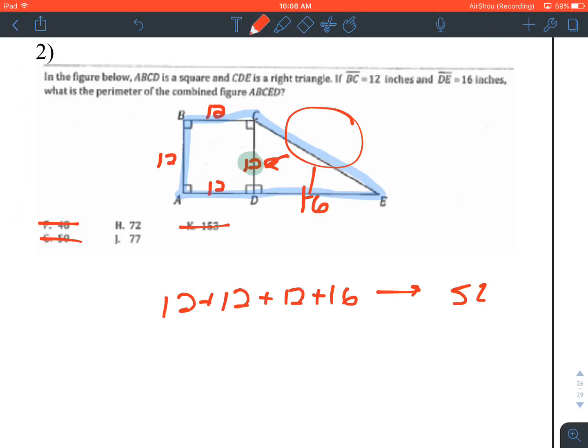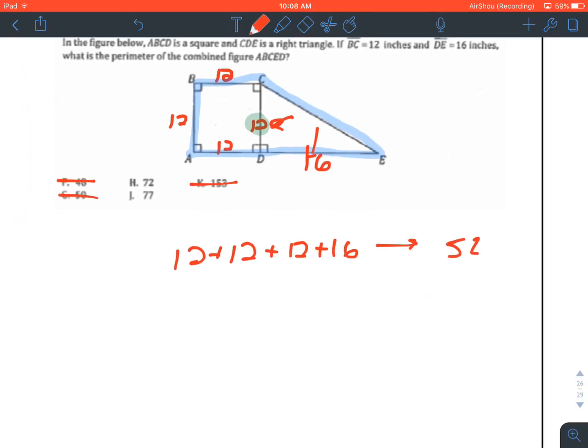This triangle, you can find the length of this side in a couple ways. You can use the Pythagorean theorem, it works wonderfully, or if you recognize this is a special right triangle, this is based upon the 3, 4, 5. If you multiply each of these by 4, you're going to find the length of this other side makes that 20.